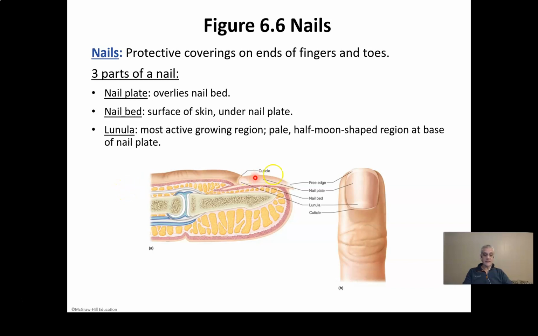That's going to hurt. If you have ever had a nail pulled off, and I have, I used to run a lot, and during one of my longer runs, one of the nails got slowly yanked off. That's pretty unpleasant, pretty uncomfortable, but it grows back. It takes a long time, but it does grow back.